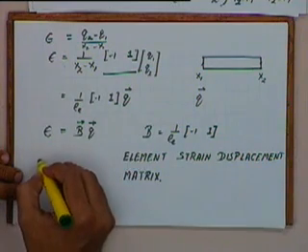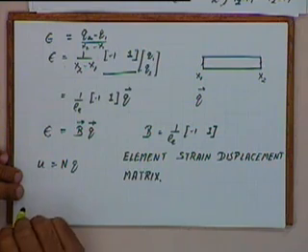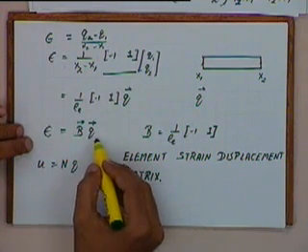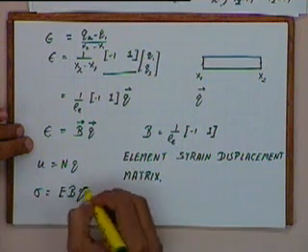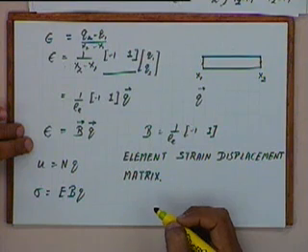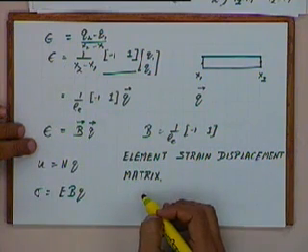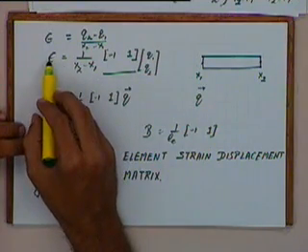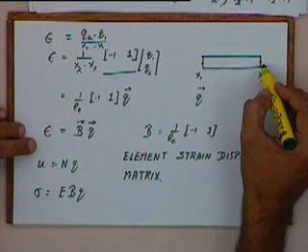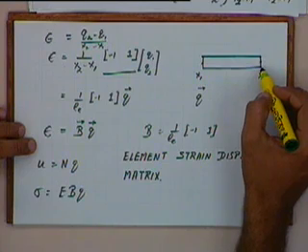If you remember, earlier we had u equal to N q, and epsilon is equal to B times q. So sigma is equal to E B q, where this B is referred to as the element strain displacement matrix. If you notice, the strain within this element does not depend on zeta or on x.